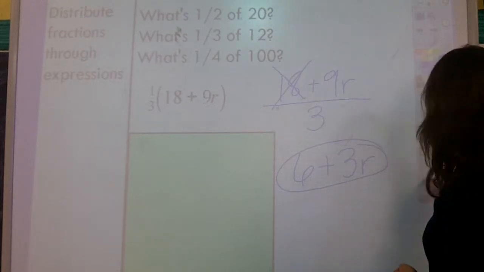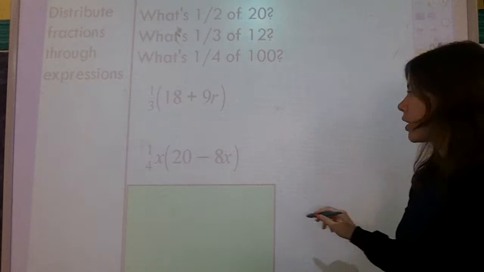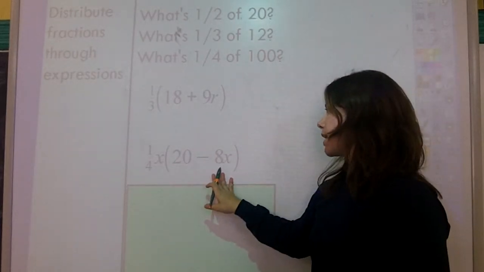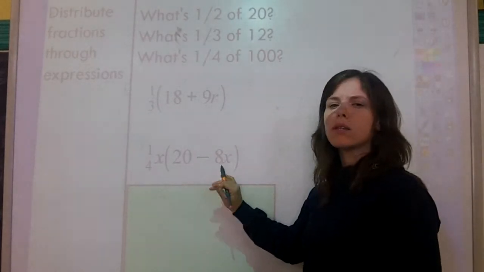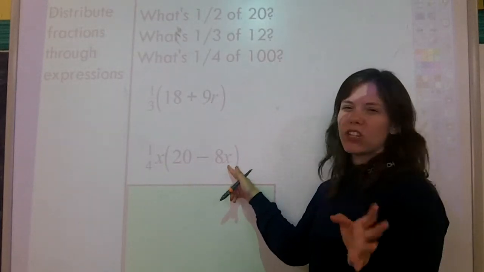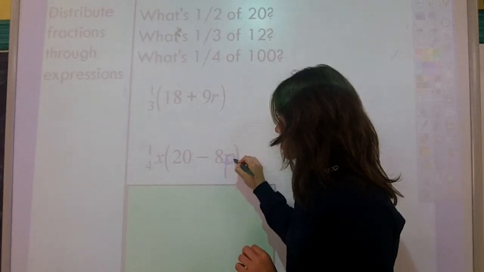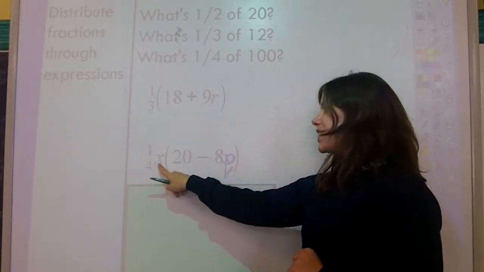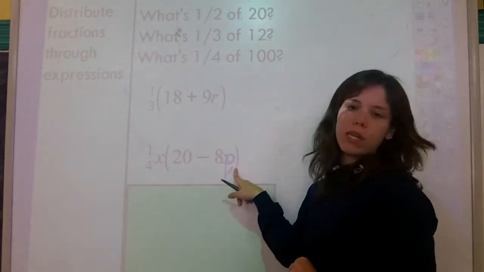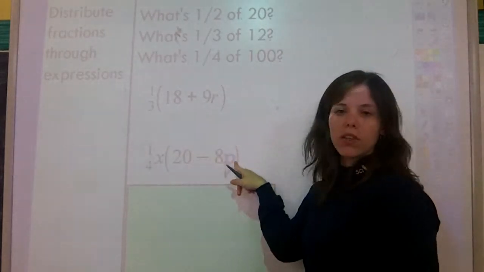Let's try another one. 1/4 times 20 minus 8x. This one's really sneaky because I have a multiplication sign and I have an x. I'm going to change this just so we don't get confused. Let's change this to a p. So I have 1/4 times 20 minus 8p. In this case, instead of trying to multiply a fourth, think of it like division.